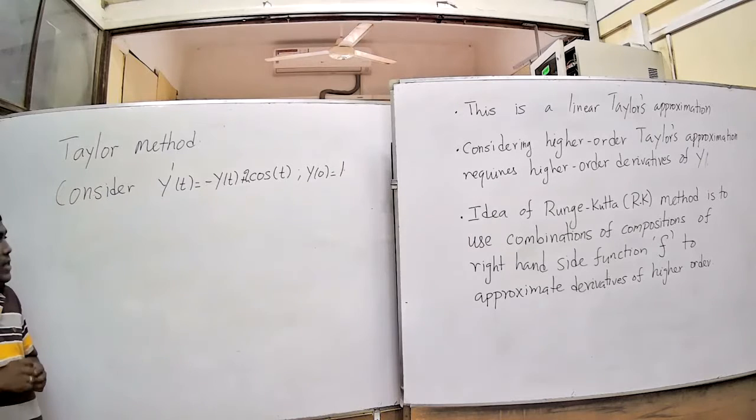Consider an initial value problem which looks like this: y prime is equal to negative y plus 2 cosine t, with the initial value y at 0 equal to 1.